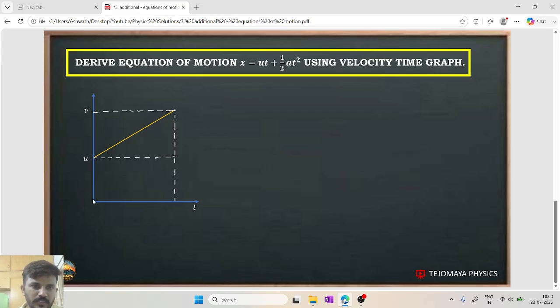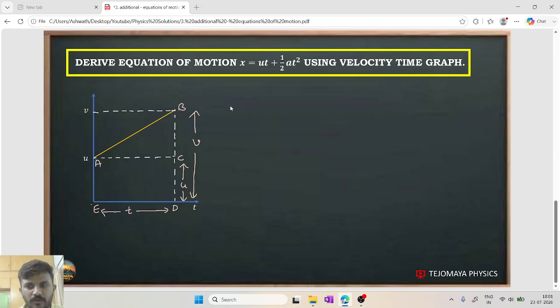So here let me consider this is A at initial velocity u, B, C, D, E. Here initial velocity is u, from C to D it is u, and velocity is increasing. So final velocity after some time t is V. T I can write here.